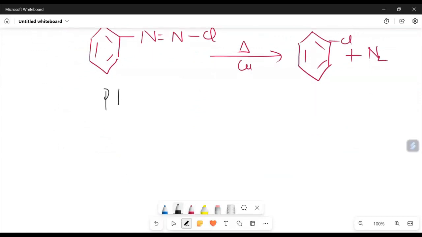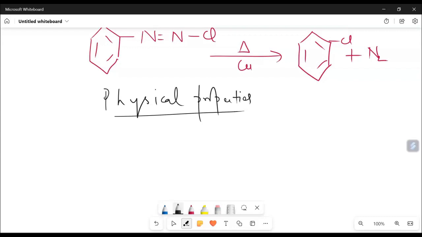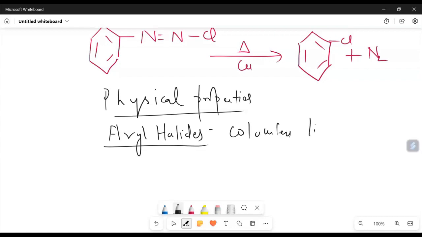Next we are going to discuss the physical properties. Aryl halides are colorless liquids and colorless solids also, with a characteristic odor.